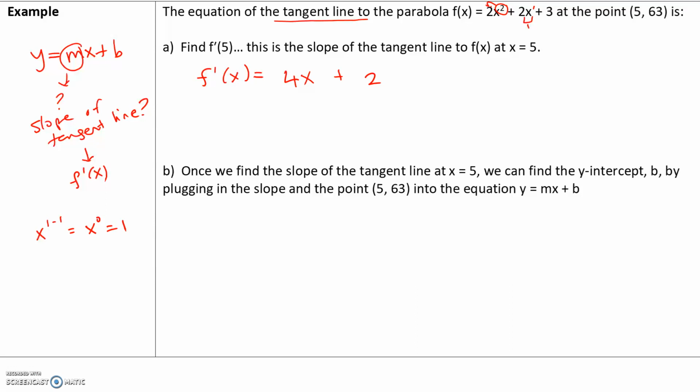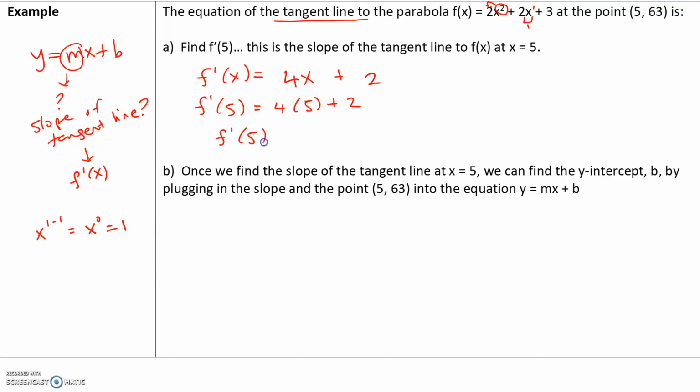But we want the slope of the tangent line at a specific point, at x equals 5. So f prime of 5, in other words the slope of the tangent line when x equals 5, is going to be 4 times 5 plus 2. The value of x is 5.